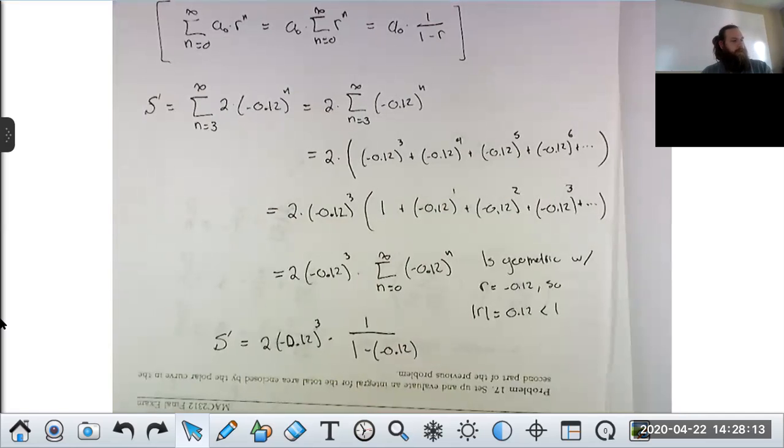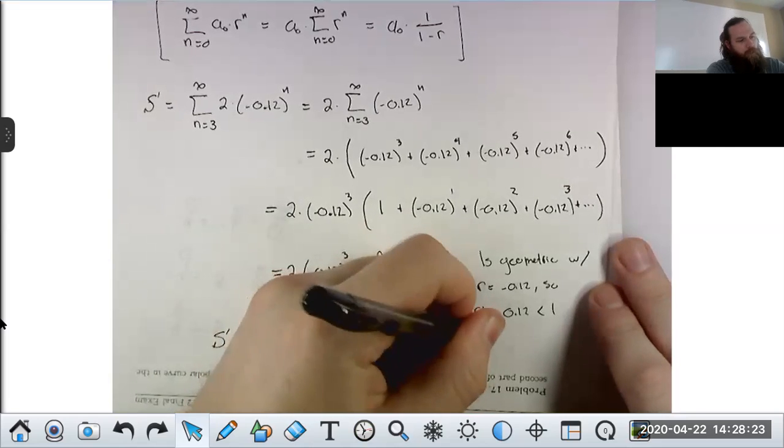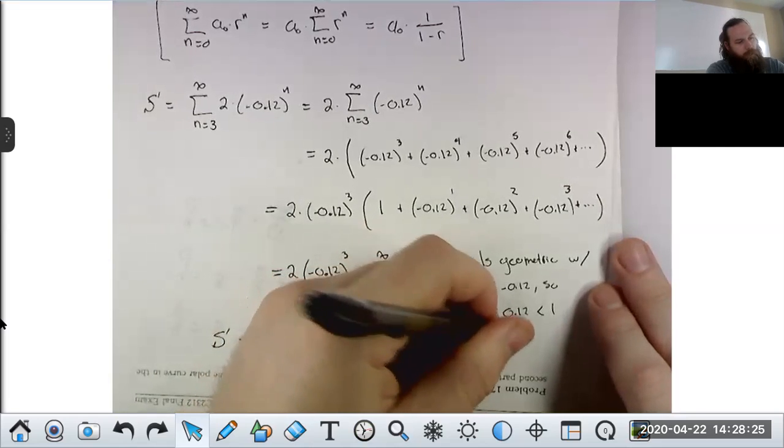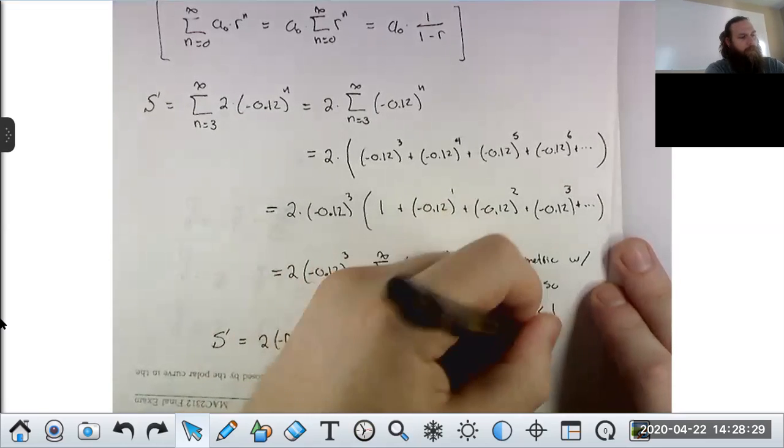And now the rest of this, you do a little bit of computation. This is going to be 1.12 downstairs. So you end up with 2 times negative 0.12 cubed over 1.12.